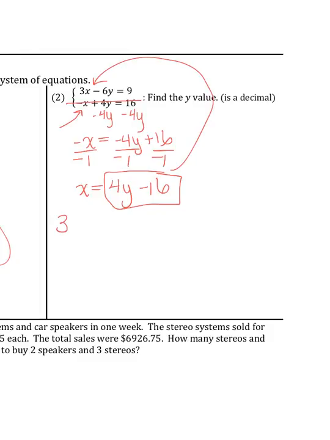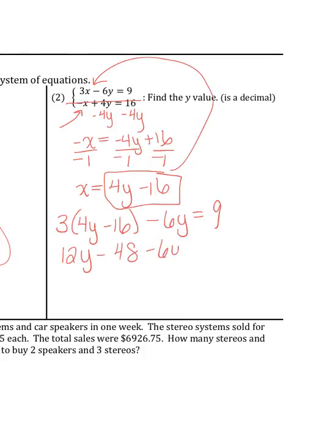So I'll do 3 and take out the x, put in 4y minus 16, minus 6y is equal to 9. Distribute the 3. Combine like terms, so I get 6y minus 48 is equal to 9.